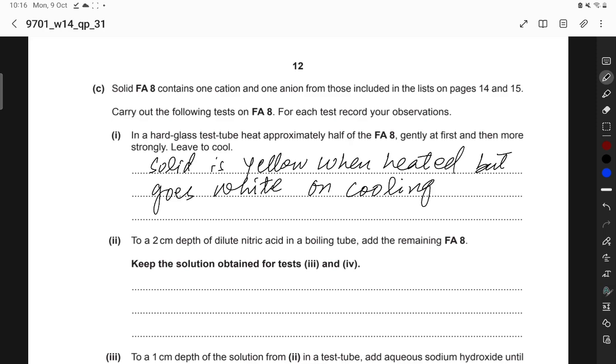So if the solid behaves like this, it means this is a zinc compound.